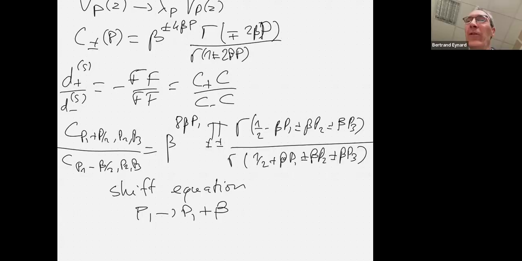Yeah, so I have just written a shift equation for the 3-point structure constant here, and the question is, does this equation have a unique solution? And the first answer is, I don't think so, but can someone tell me why it's not unique, if you claim it's not unique?